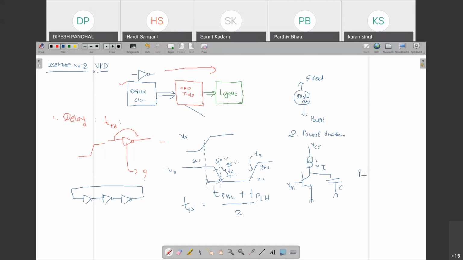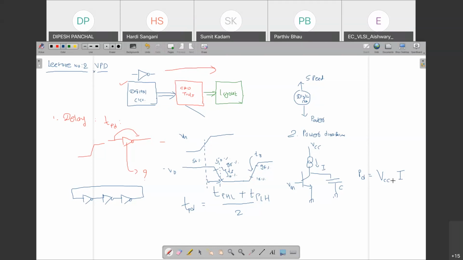Can anyone tell me what is PD, power dissipation? Can anyone reply? VCC into I. Yes, the supply is VCC. How much time do you require to give the answer for this simple circuit? That is straightforward. Power is always voltage into current. VCC is my voltage and I is my current.